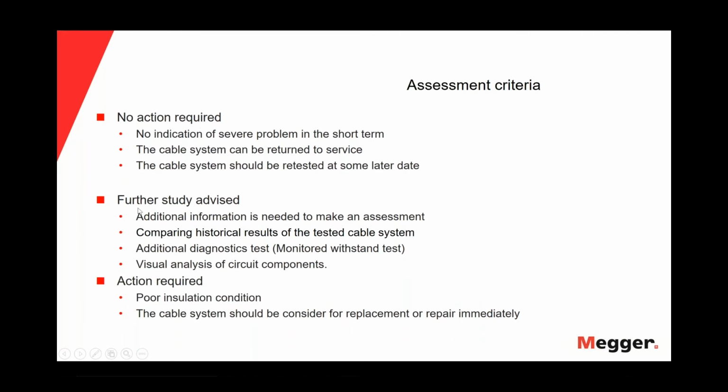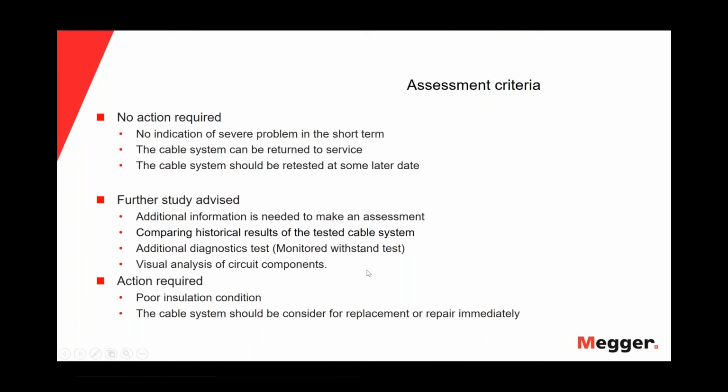The next one is further study advised, which means that additional information is needed to make an assessment. Maybe we can compare historical results of the tested cable system, or we can do additional diagnostic tests, for instance, a monitored withstand test, or maybe we can do an inspection, a visual analysis of the circuit components to look for splices with water or wet terminations.